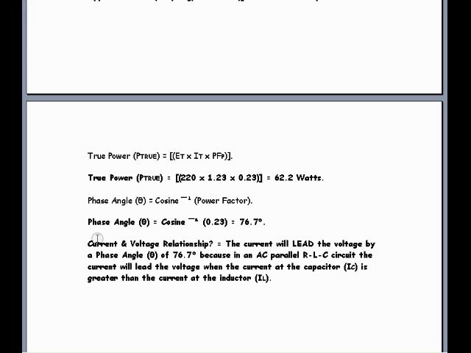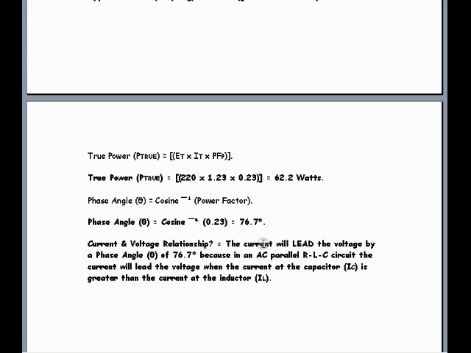So now the last question, actually one of the most important questions culminating this data and calculation, is what is the relationship between the current and the voltage? Well, you first want to look at the current at the capacitor versus the current at the inductor, and the current at the capacitor is greater than the current at the inductor in this given circuit analysis.